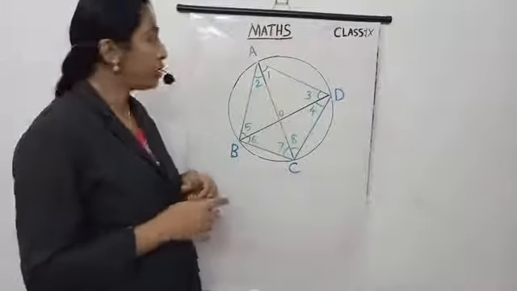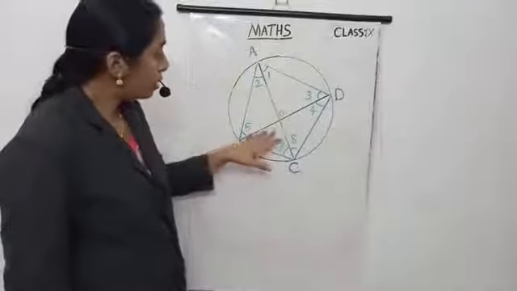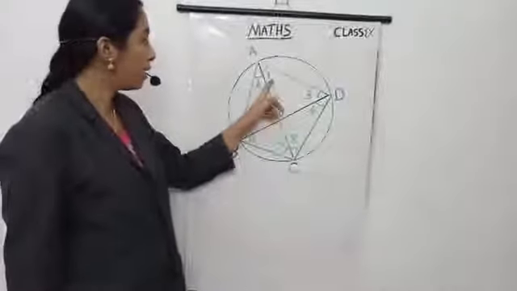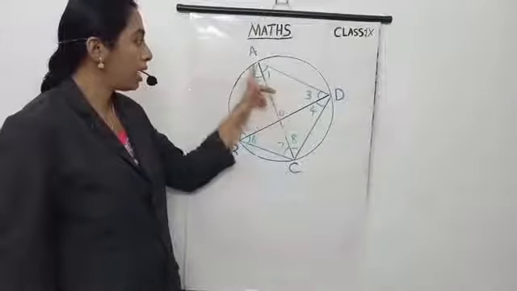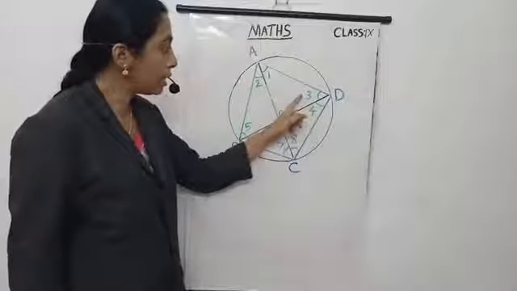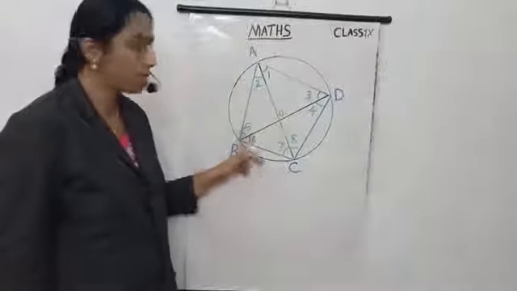So we are going to prove that theorem. We draw the diagonals of this quadrilateral and split the angles into 1 and 2, 3 and 4, 7 and 8, and 6 and 5.